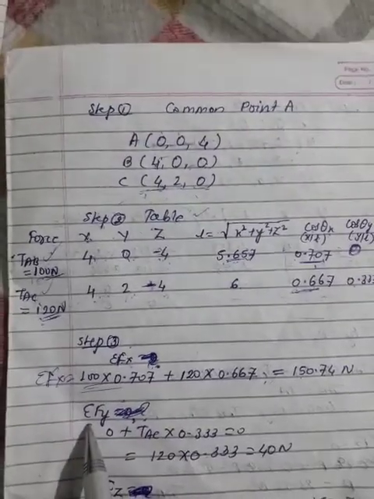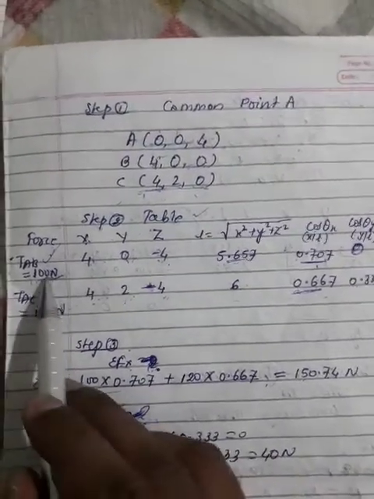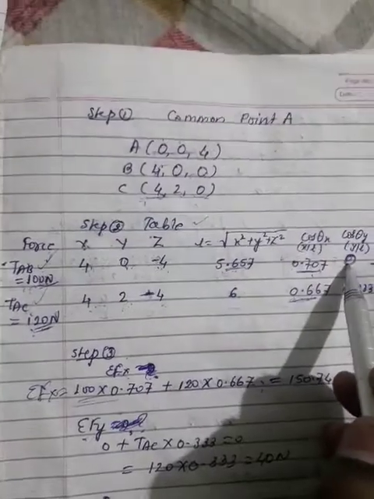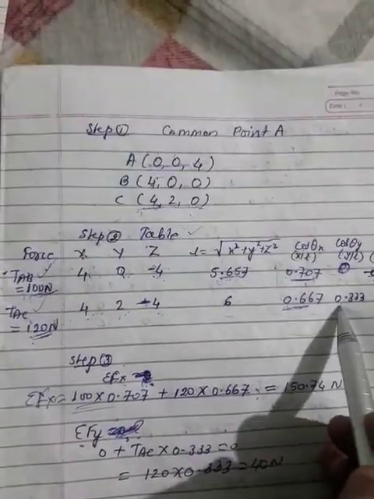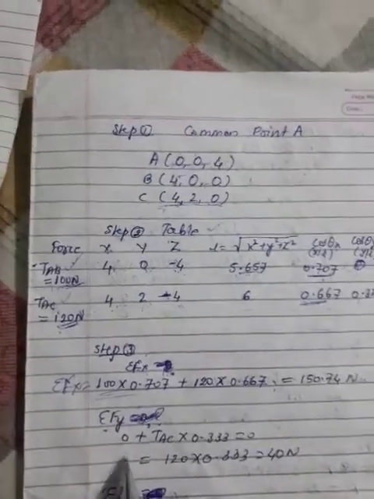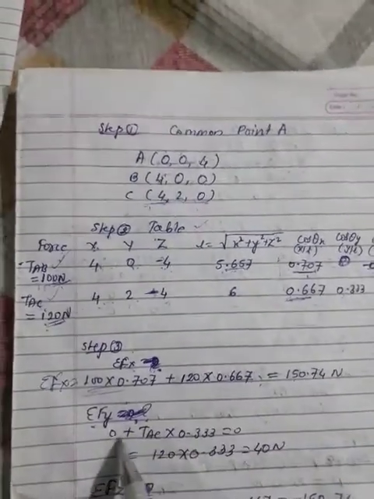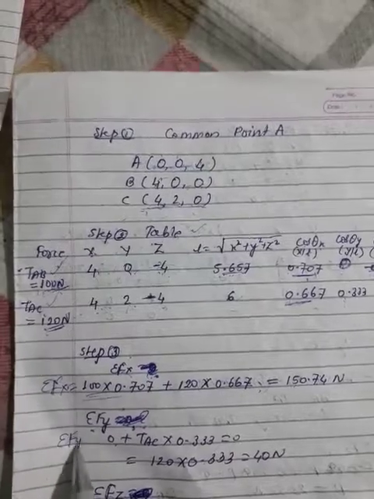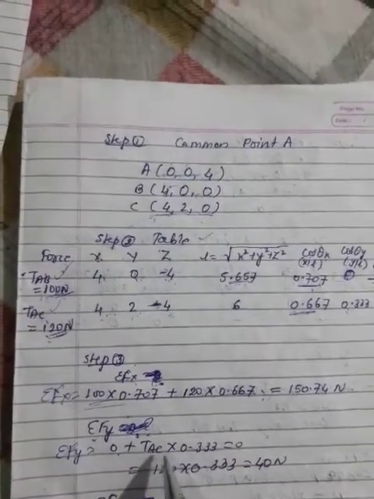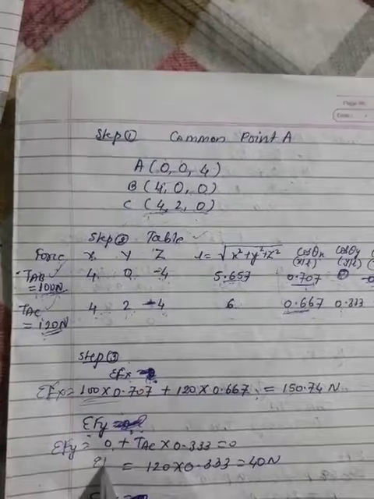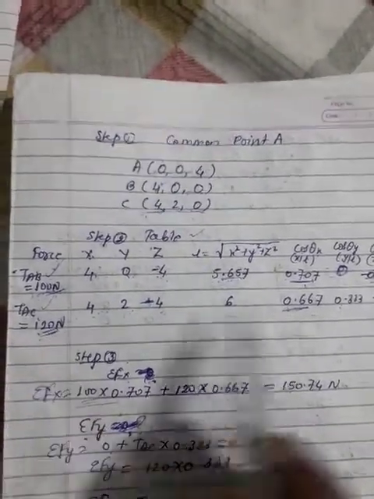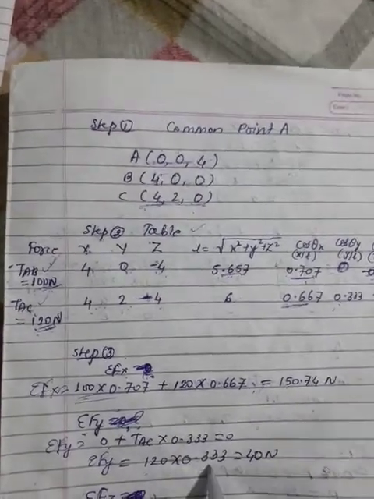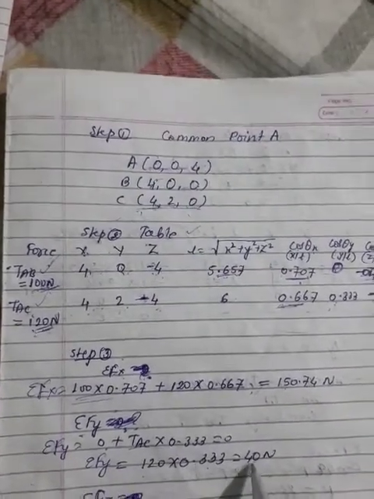Next I am going to calculate summation Fy. Here it is TAB into cos theta y plus TAC into cos theta y. So 100 into 0 is 0, plus TAC, which is 120 into 0.33. After putting the values, I get summation Fy as 40 Newton.